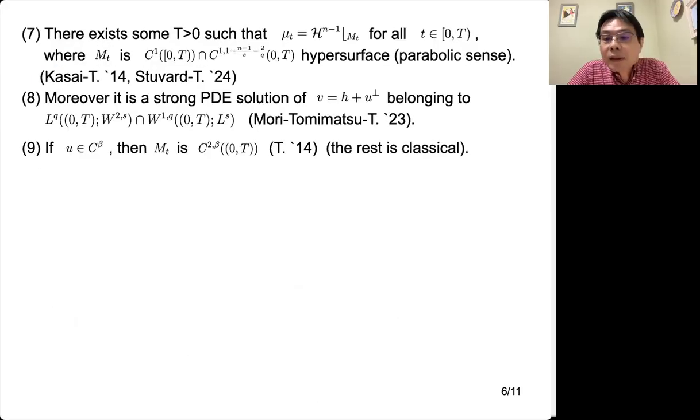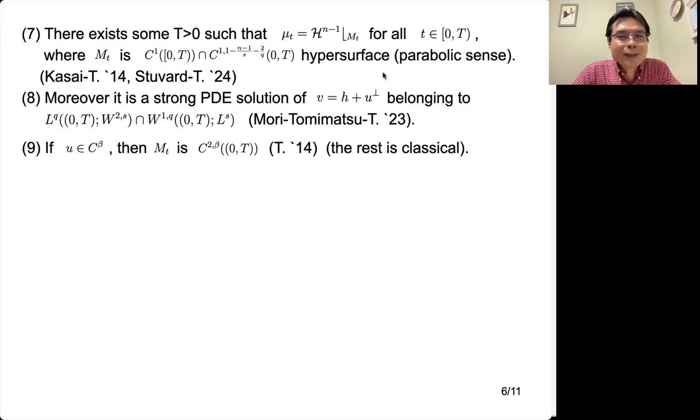And these are the last three properties. There are actually more, I'm sorry, there are many things, but just the main ones. We also know that for some short time, maybe a long time, but at least we can make sure there's a short time such that mu t is precisely of this form, and M_t is at least in the class C1 in time, and Hölder C^{1,alpha}, let's say, a hypersurface in the parabolic sense.